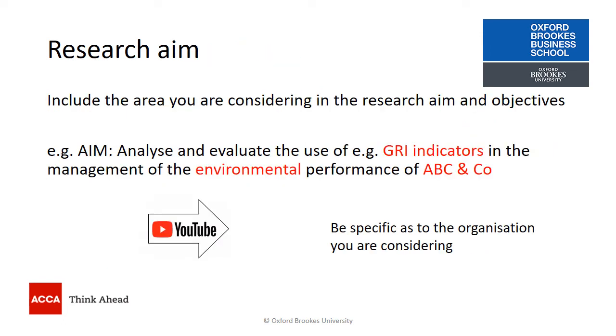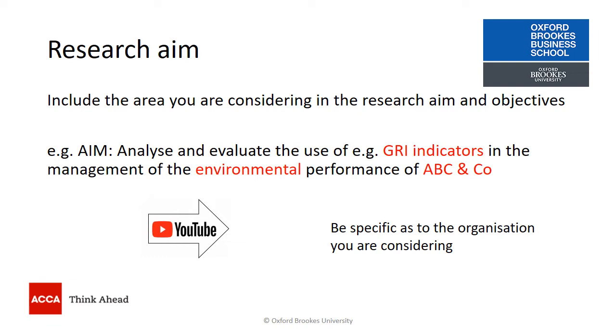Please include your specifics within your research aims and objectives. So for example, in this topic you could analyse and evaluate the use of GRI indicators in the management of the environmental performance of ABC and Co. Obviously those items highlighted in red would need to change according to the specific area of performance management that you want to evaluate.